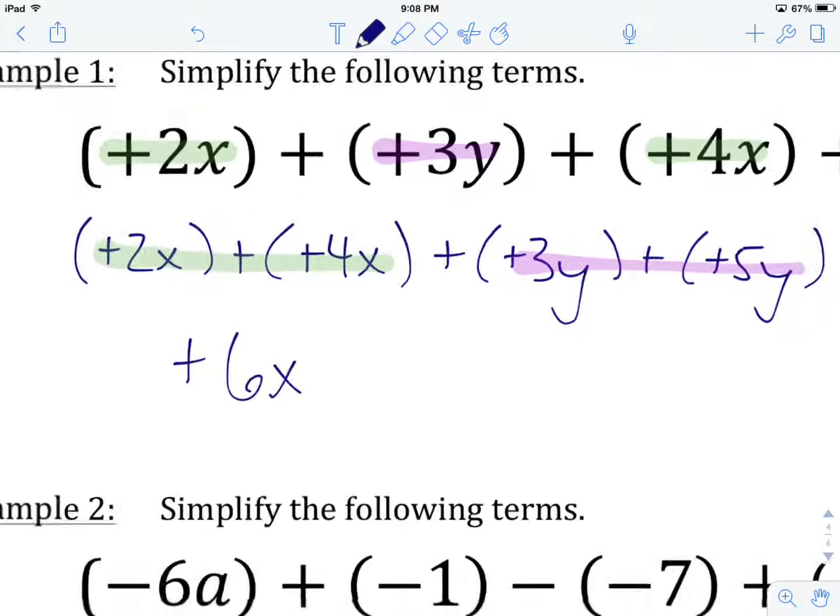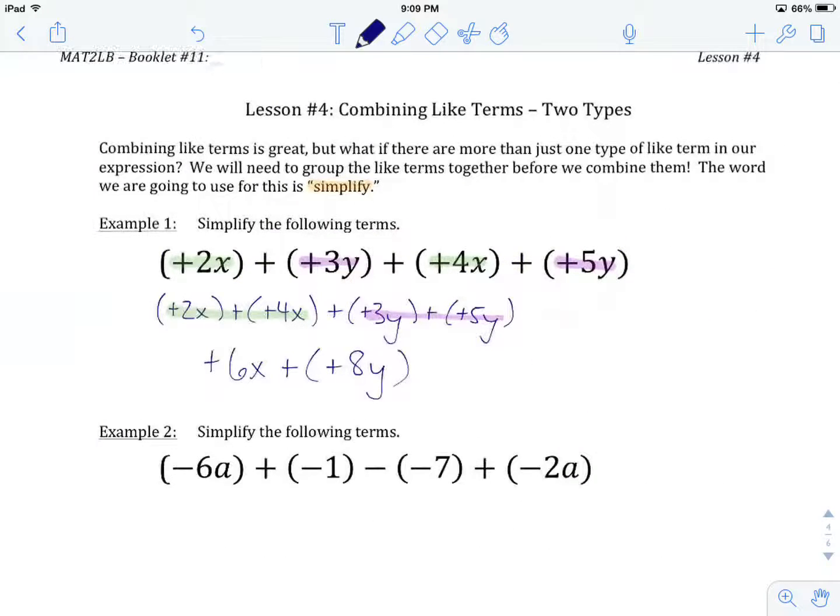That's the combination of my first two like terms. Now I look to my last two like terms, plus positive 3y plus positive 5y. The plus 3 and the plus 5, we combine those to give us a plus positive 8y. And that's how we simplify that first expression.